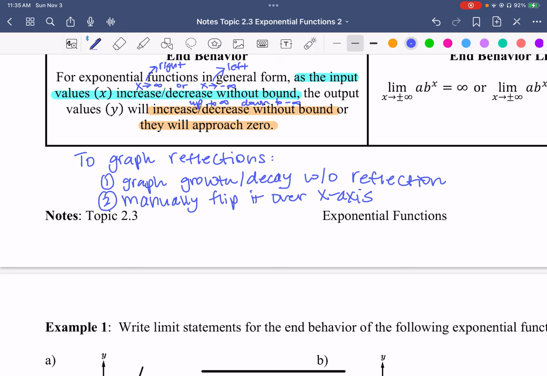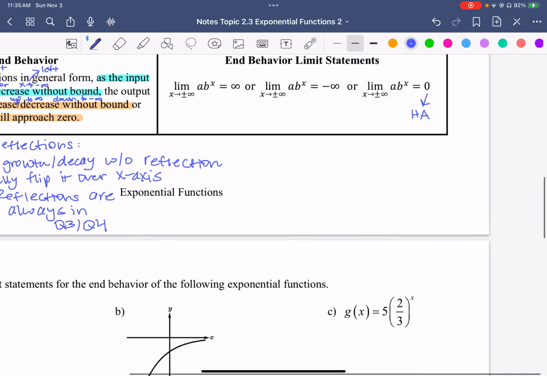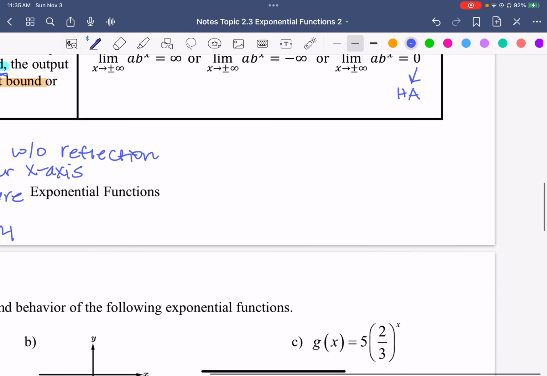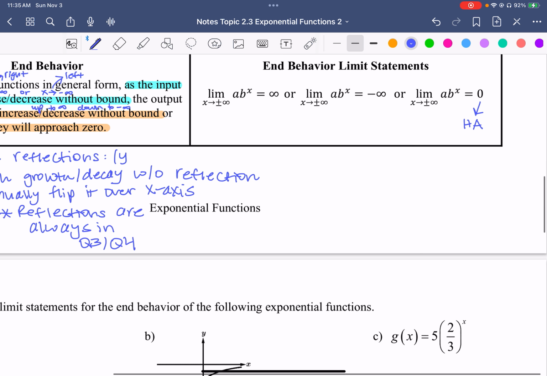And just as a note, your reflections are always in quadrants 3 and 4. Okay? And this is when your y-intercept is negative. And you'll see that there's a negative in the front.